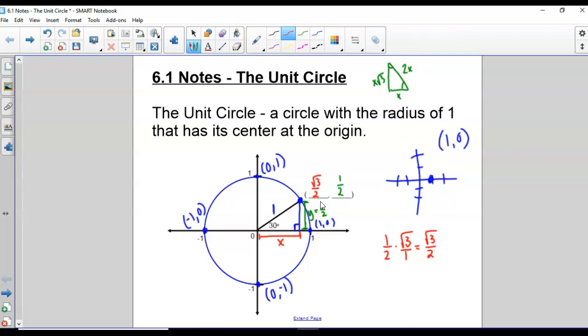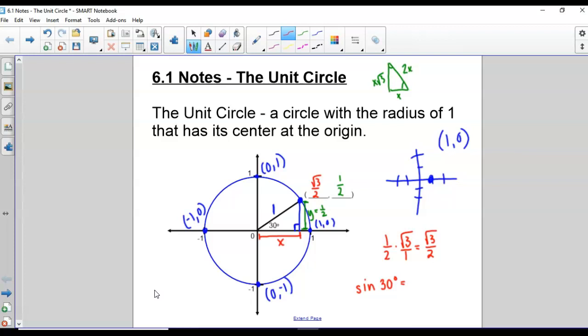Alright, so let me show you why that is helpful. If I want to know sine of 30 degrees, you guys probably, whenever you learned trig, might have learned SOHCAHTOA, or some mnemonic like that.